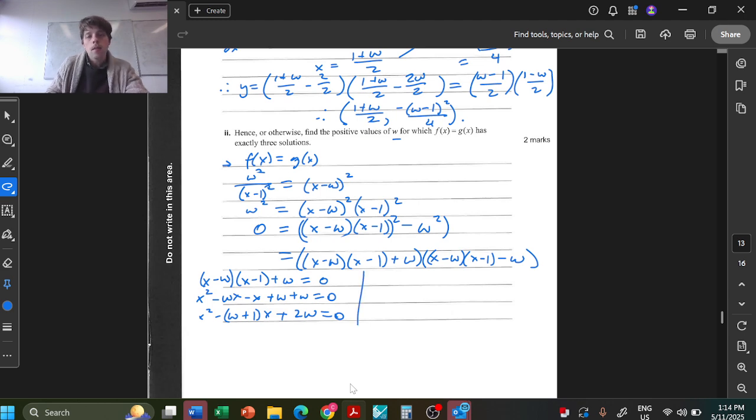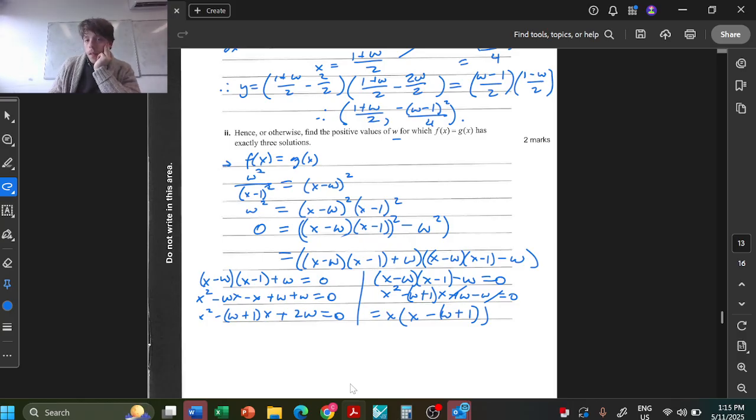Or we can consider the case when x minus w, x minus 1 minus w equals 0, which gives us x squared minus w plus 1 x, minus w plus w minus w equals 0. So the w's cancel out there. So we'll end up with x times x minus w plus 1, which tells us something.